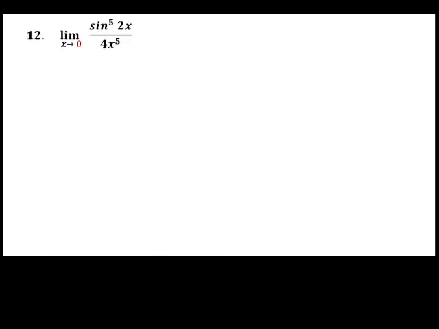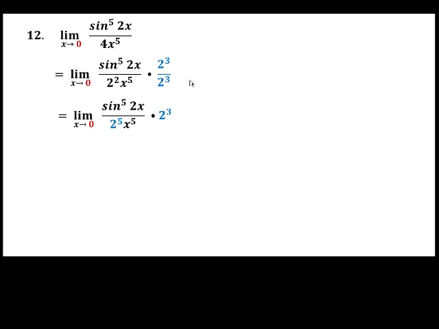Next, evaluate the limit of sine to the fifth 2x over 4 x to the fifth as x approaches 0. So we have to multiply the whole fraction in such a way that we come up with something that we can make use of the theorem on the limit of sine x over x.